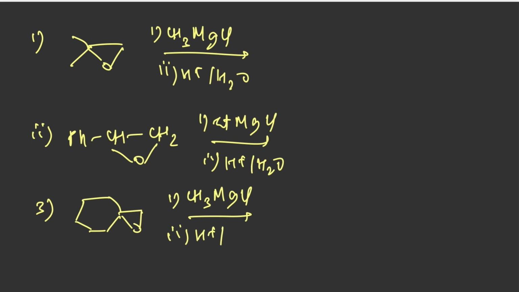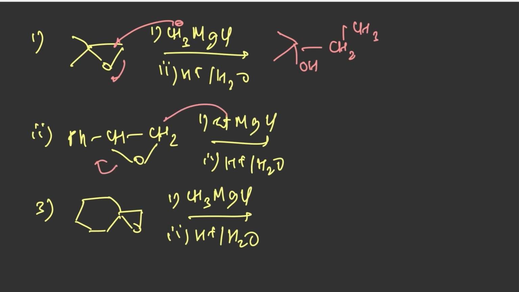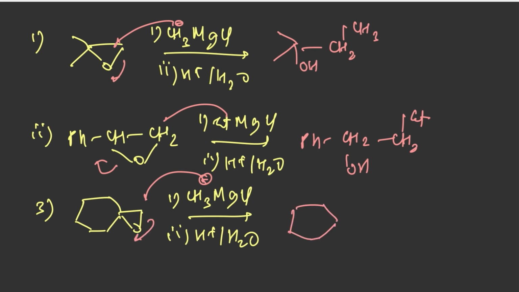So how does it react? In the first, CH3⁻ will attack where it has less steric hindrance, so it will form OH CH2 and CH3. In the second also, Et⁻ will attack where there is less steric hindrance, giving PhCH2 OH CH2 Et. Third, CH3⁻ will attack over here, the ring will open like this, giving OH CH2CH3.